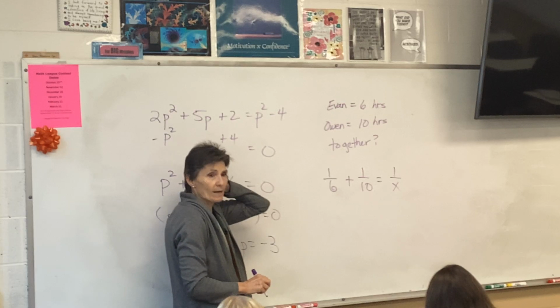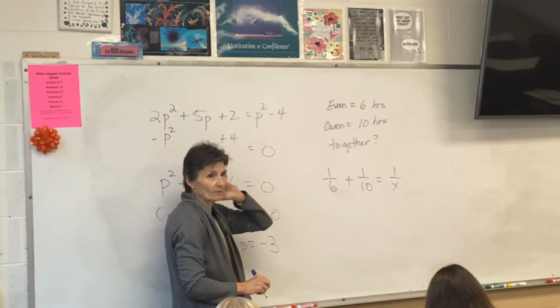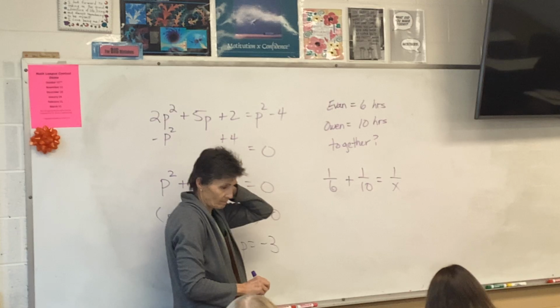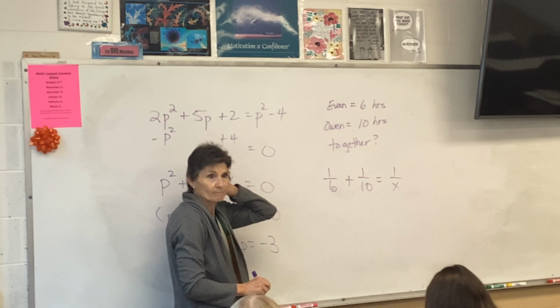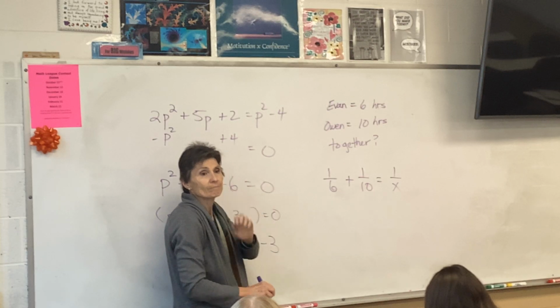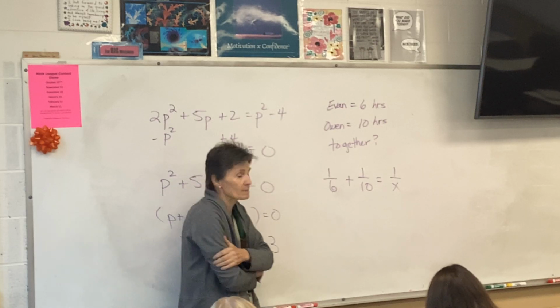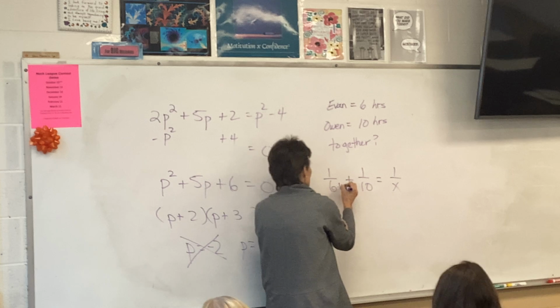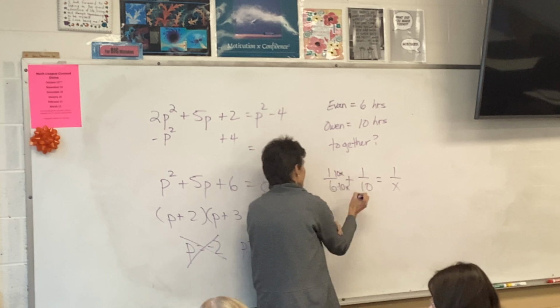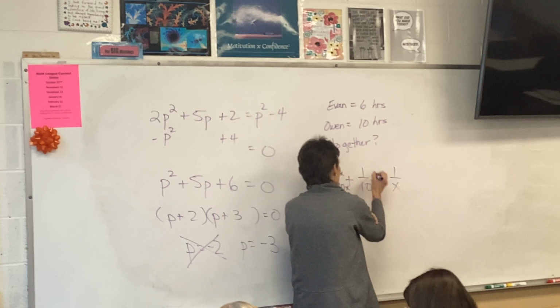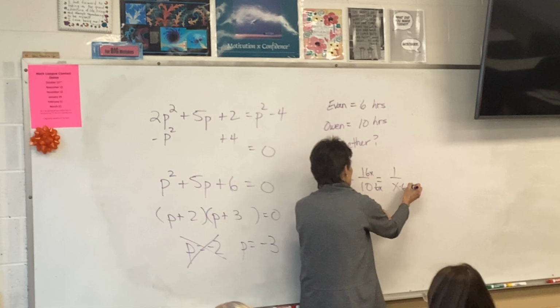All right, so now I'm going to make a common denominator. So Angie, what do you want to use? 60x, don't forget the x, 60x, so times 10x, times 6x, times 60.